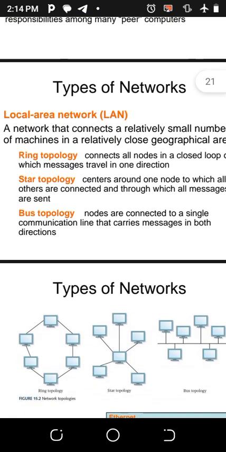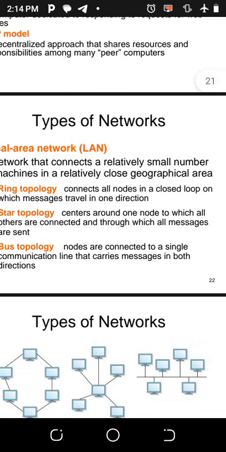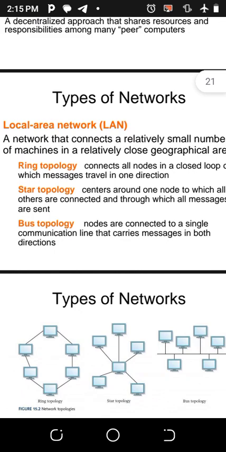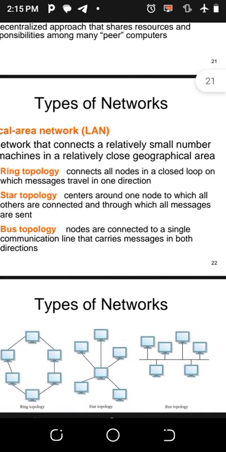Now we have the types of computer networking. We have the LAN, which is abbreviated from local area network. This is a network that connects a relatively small number of machines in a relatively close geographical area. Then we have the ring topology.